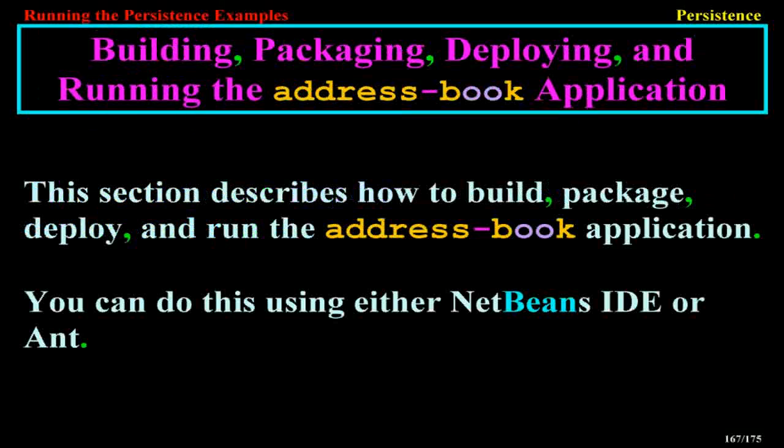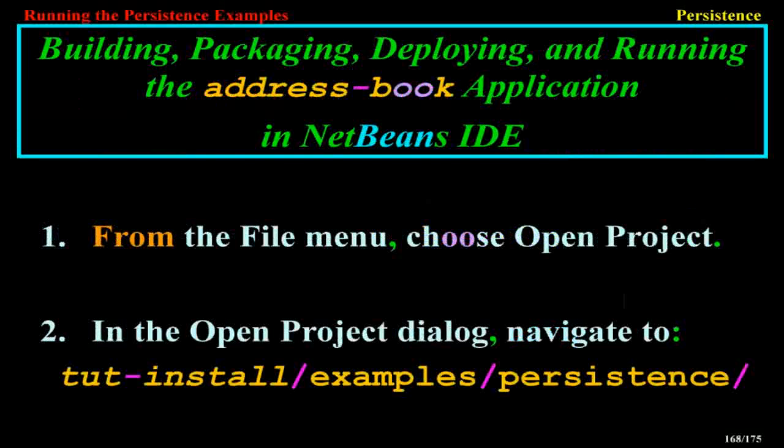Building, packaging, deploying, and running the address book application. This section describes how to build, package, deploy, and run the address book application. You can do this using either NetBeans IDE or Ant. In NetBeans IDE, from the File menu, choose Open Project.